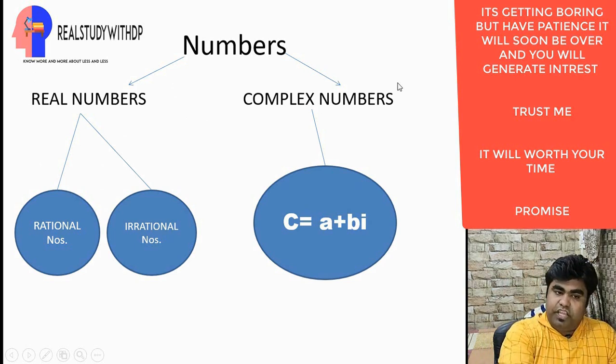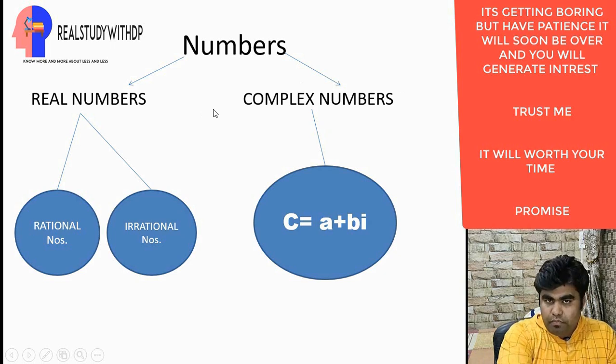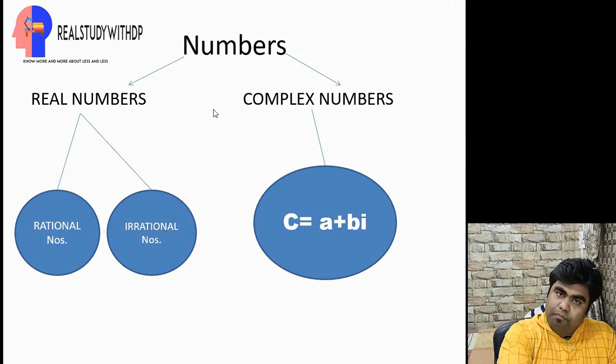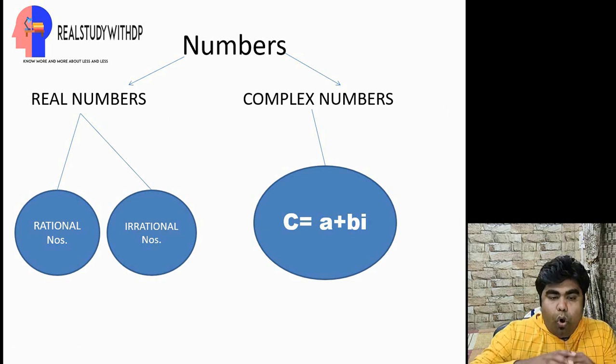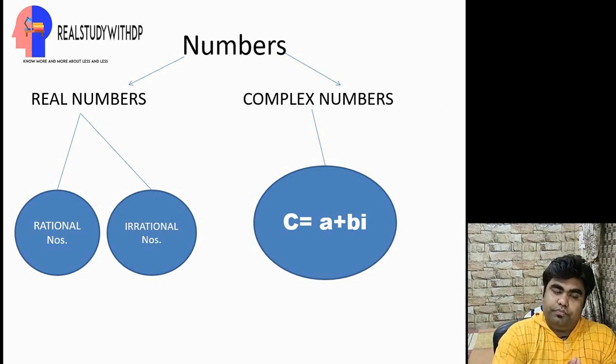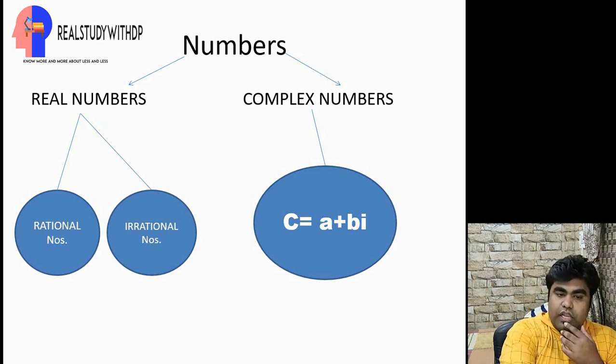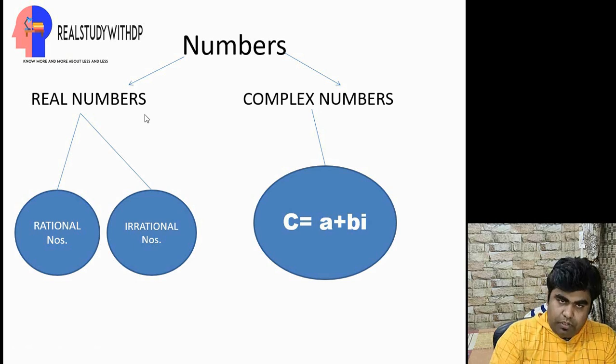The first major classification is the real numbers, and the other one is the complex numbers. These two classifications are basically the major sets which can accumulate all the other classifications.